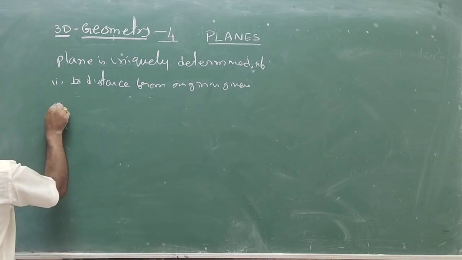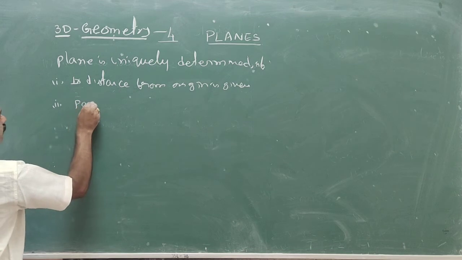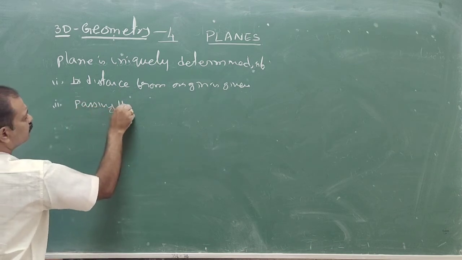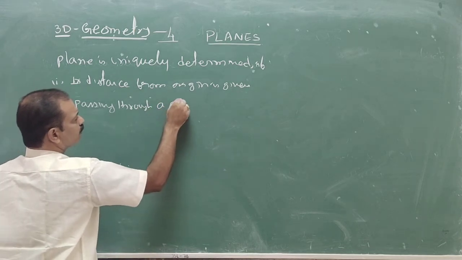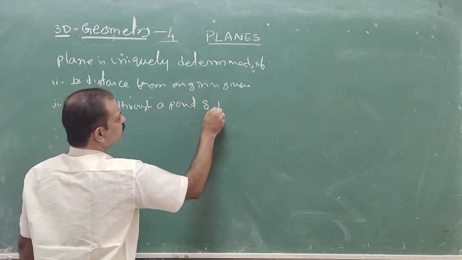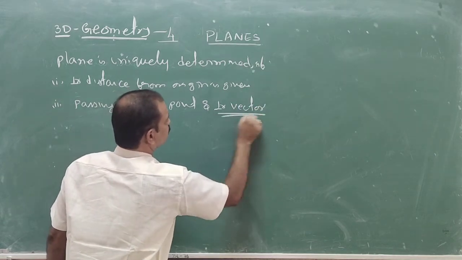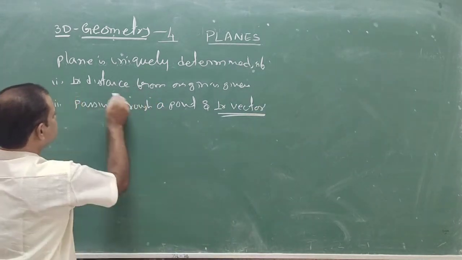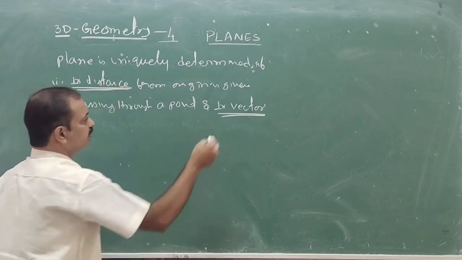Second, the plane passes through a point and a perpendicular vector is given.